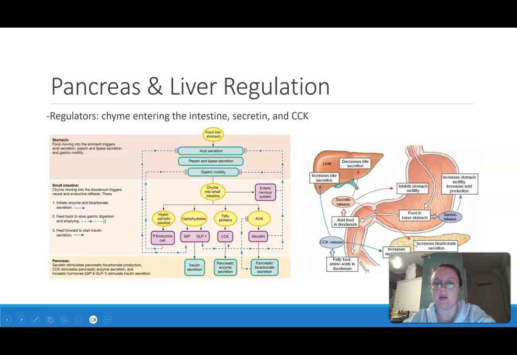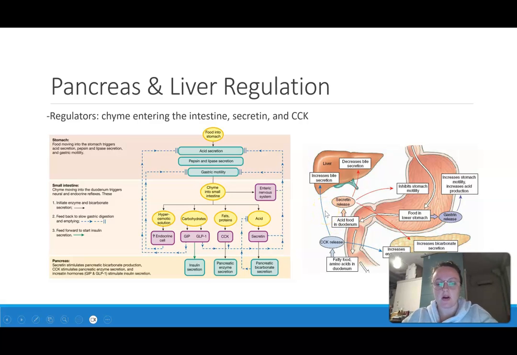And this enzyme flow, as previously mentioned, includes chymotrypsin, carboxypeptidase, colipase, and phospholipase. And that's how our pancreas and liver regulate digestion.